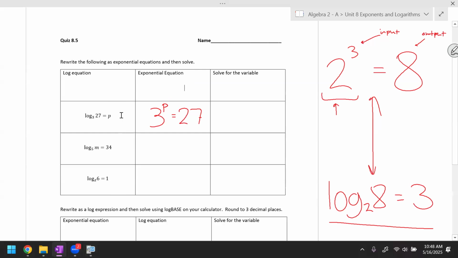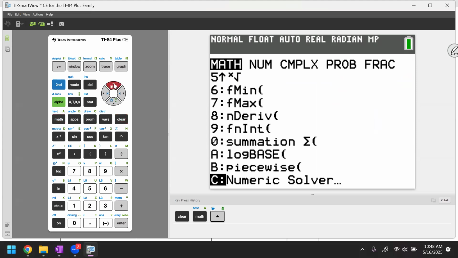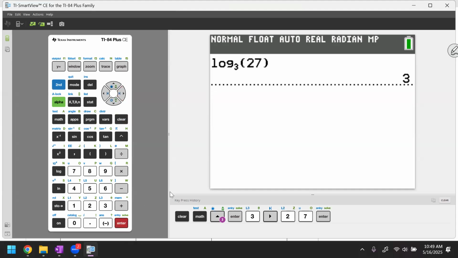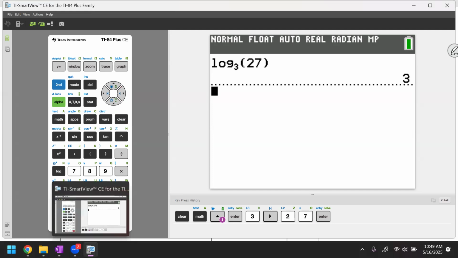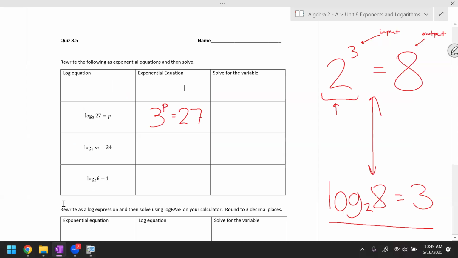Log base 3 of 27 is p. I'll go to my math menu, go up to log base, put in 3 on the base, put 27 on the input, hit enter, and I see that the answer is 3. That makes sense, because 3 to the power of 3 is 27.